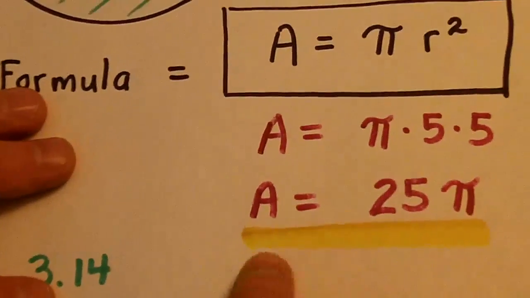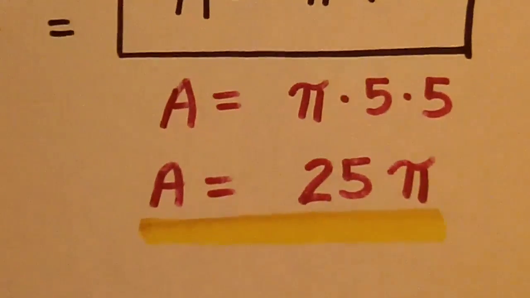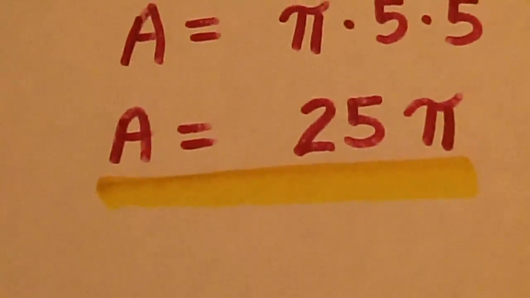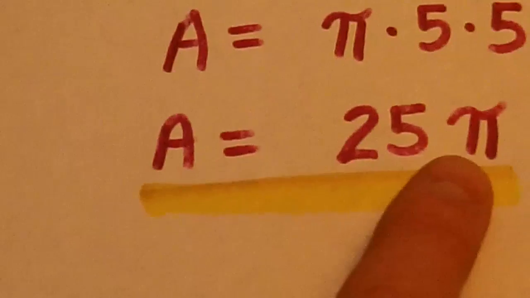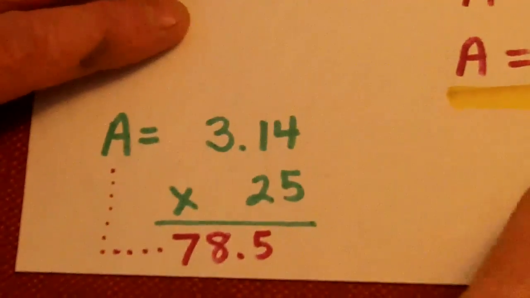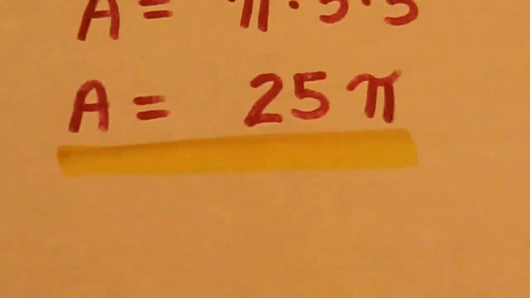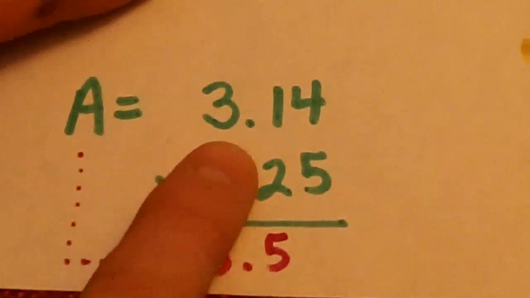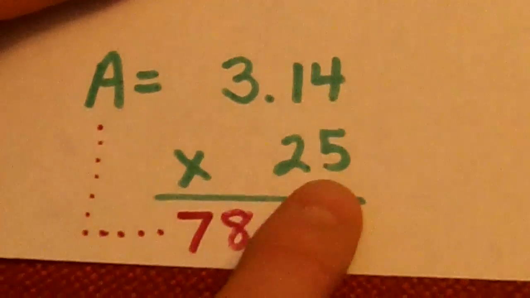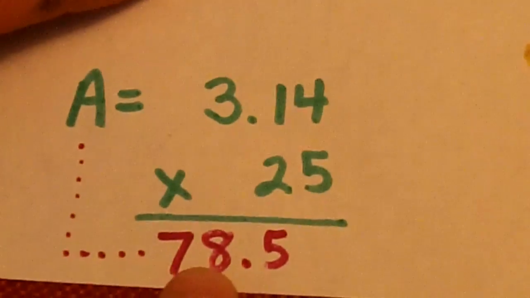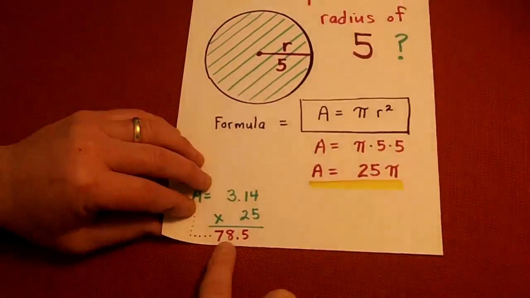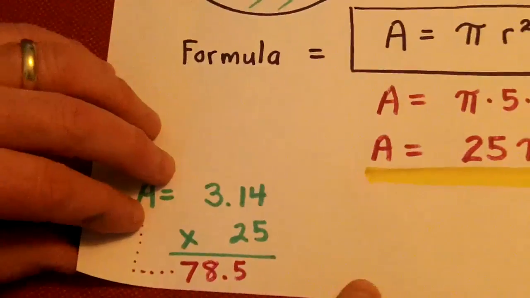This answer may be the type you see on a test where they only want the area in relation to pi. But if you wanted an actual number, you'd take area equals 3.14 times 25, and you'd get about 78.5, which would be 78.5 square units.